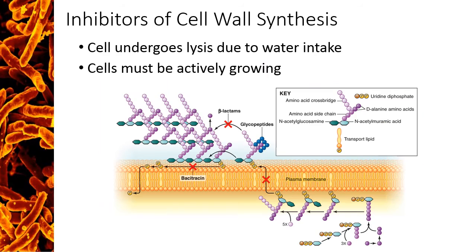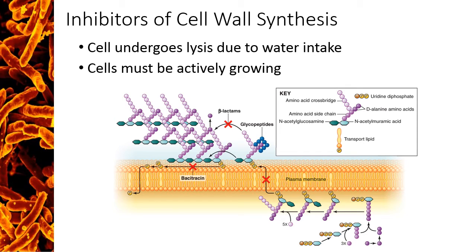The peptidoglycan of the bacterial cell wall is a common target for many antibiotics. This is because without a cell wall, bacterial cells will lyse due to osmotic pressure. If they can't form the proper peptidoglycan, those antibiotics will be bactericidal and the cells will lyse due to osmotic pressure.